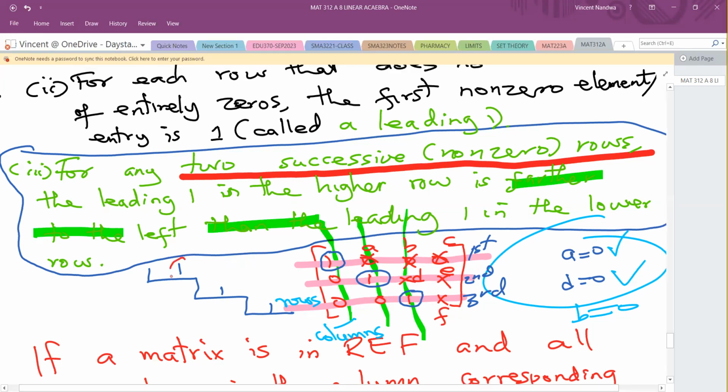So this element 1 is to the left when you compare with this other next row 1. And here we'll have 0, here we'll have 0, this will be 0.